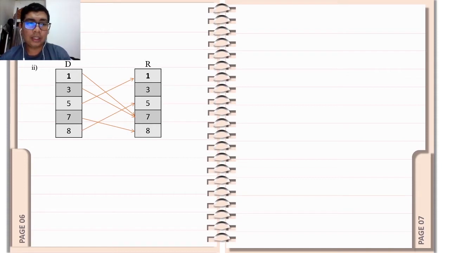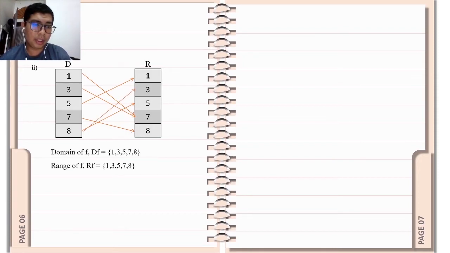Those on the left side we call the domain, and on the right side is the range. So we can just write like this: domain of F equals {1, 3, 5, 7, 8}, and range of F is also {1, 3, 5, 7, 8}. Next, I will let my friend present.